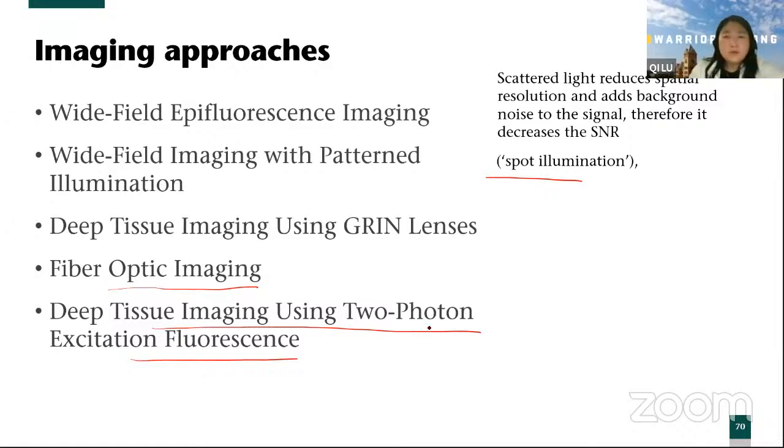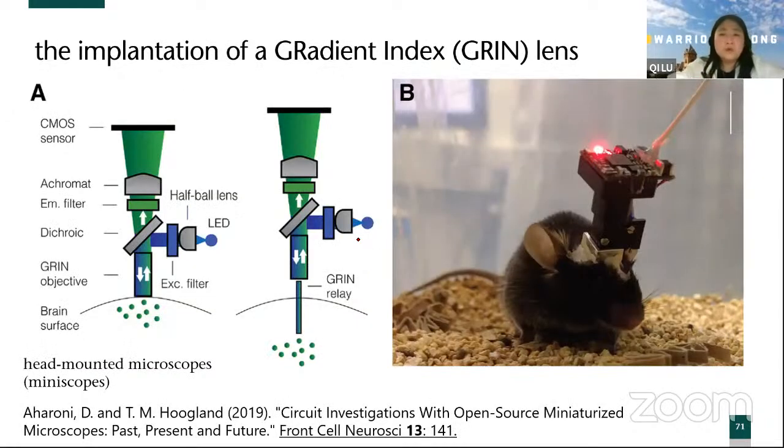So here I'm going to talk about this GRIN lens. The GRIN lens takes the signals with this half ball lens and focuses the light signal coming from the LED, then puts the light source here.